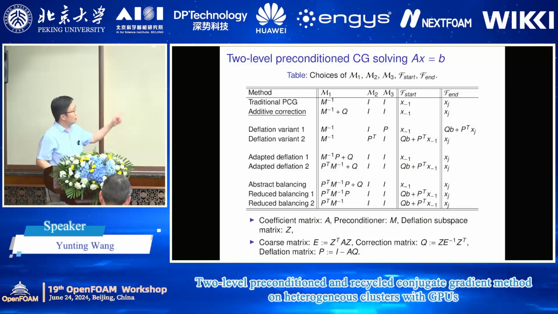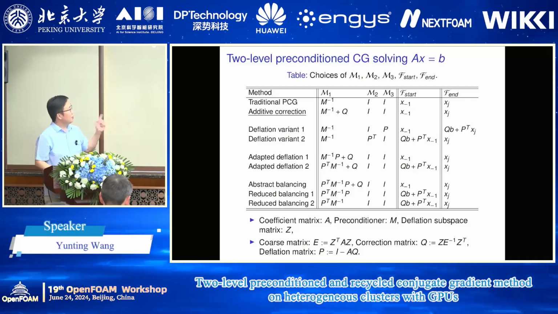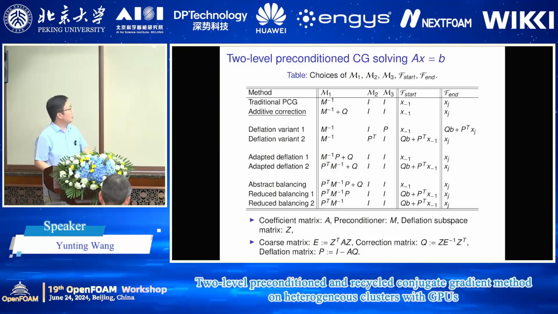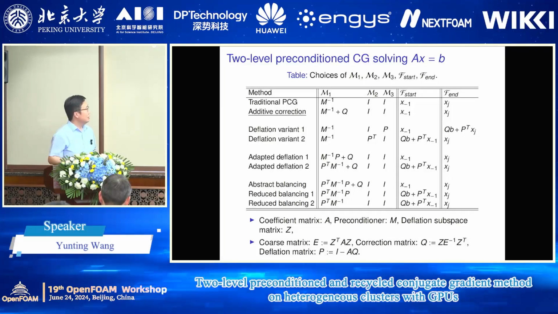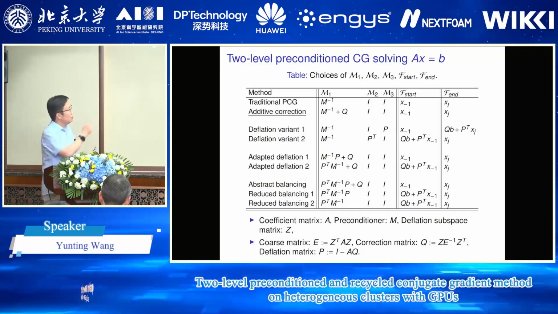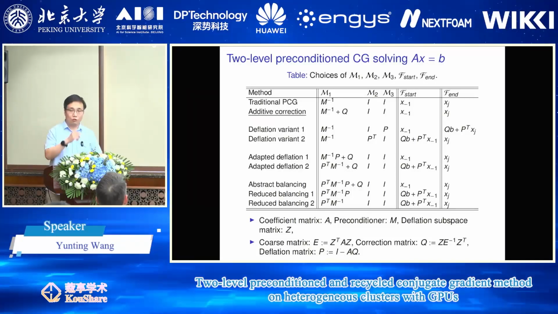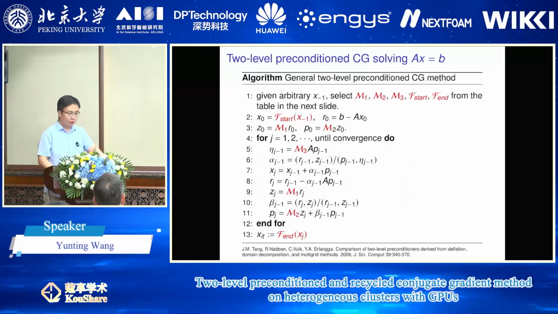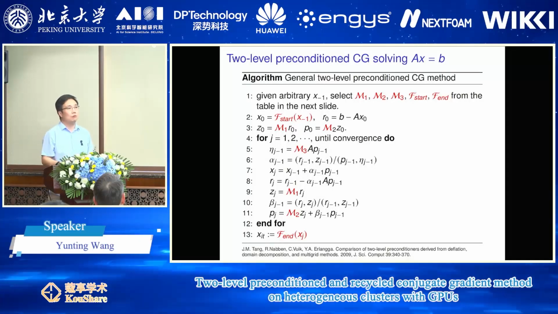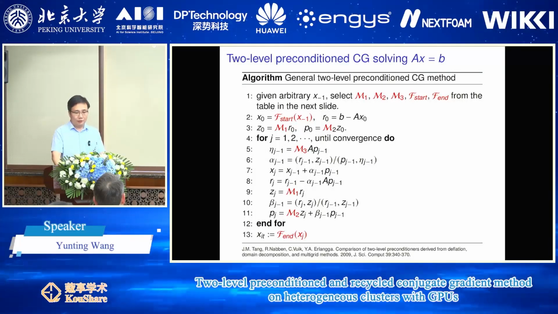Of course, we have deflation variants, deflation 1 and 2, and some reduced balancing, something like that. But look at this one. All the options and choices in these slides can be used directly in the general two-level preconditioned CG method.